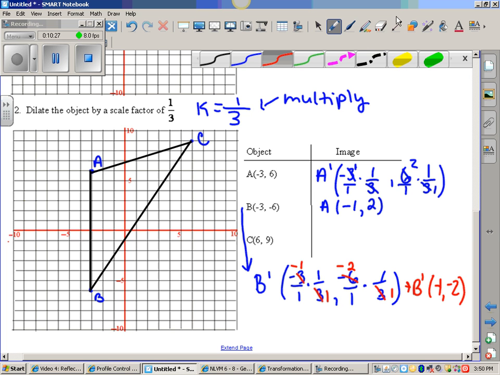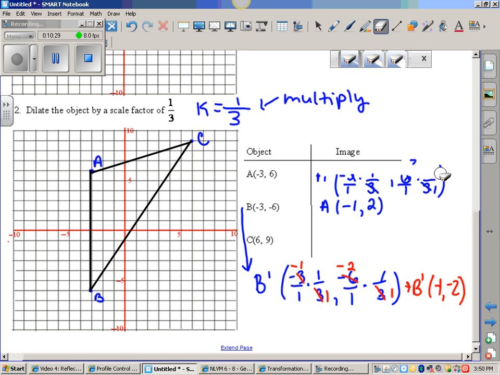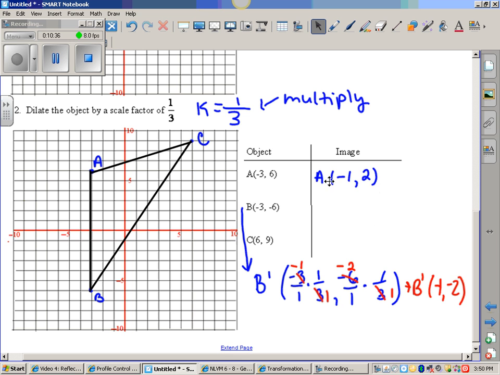So I'm going to clean this up a little bit. There's my coordinate for B prime.